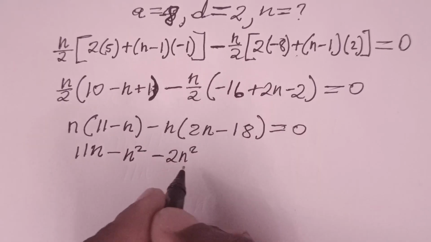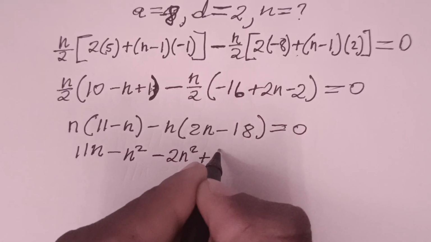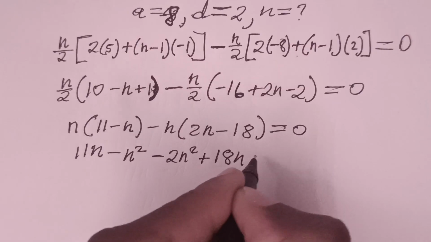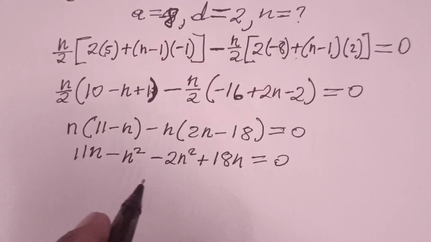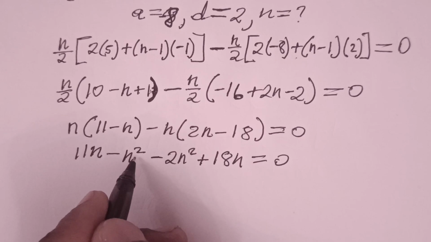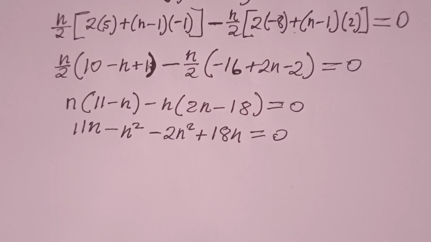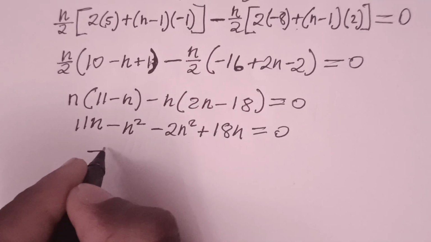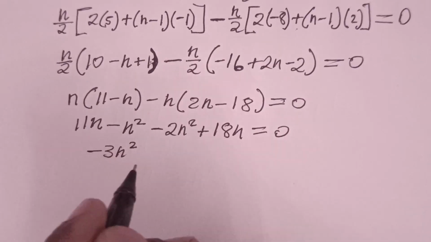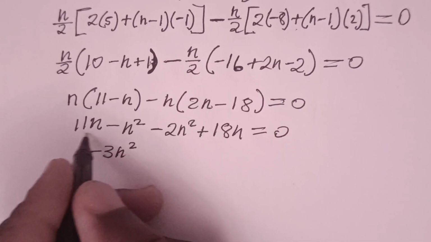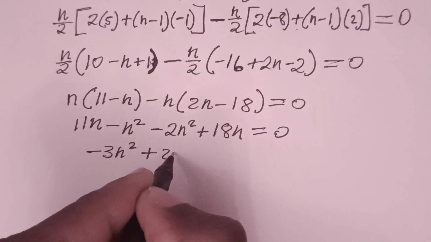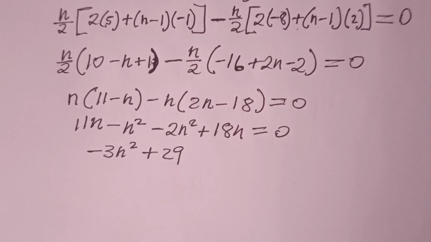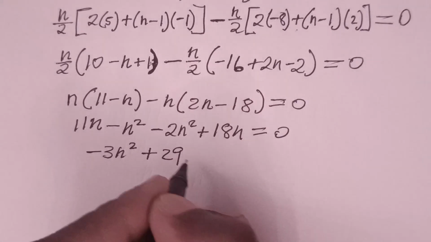A negative times a negative gives you a positive, which is 18n, equals 0. Minus n squared minus 2n squared is actually minus 3n squared. 11n plus 18n gives you a 29n. Seems like there was a mistake with this particular question.